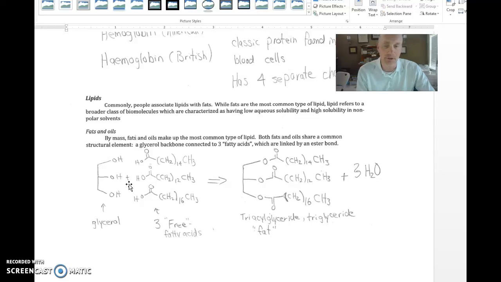This is another example of a condensation reaction, because if you look at what was there between the carboxylic acid and the alcohol, there are some atoms that are no longer there when they're joined together as the ester. You'll notice that this OH right here is missing, and you've got a hydrogen from the alcohol that's missing. So again, that's H2O.